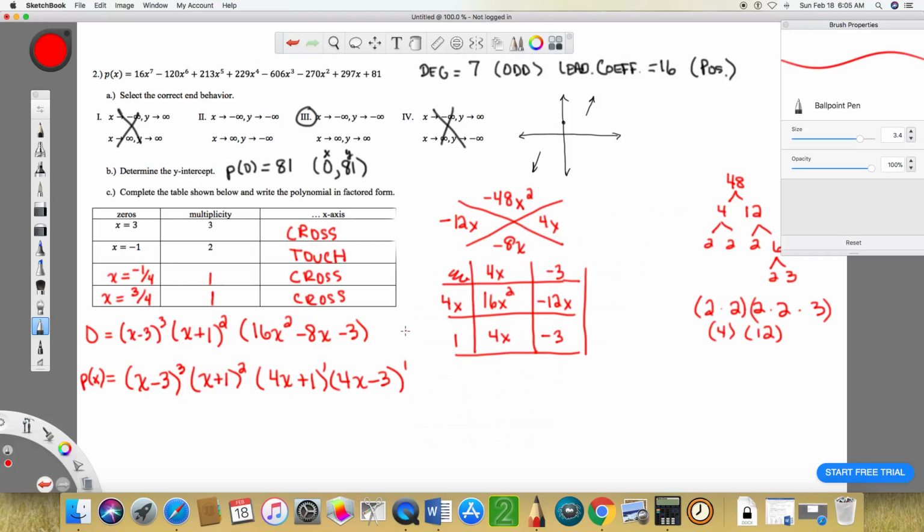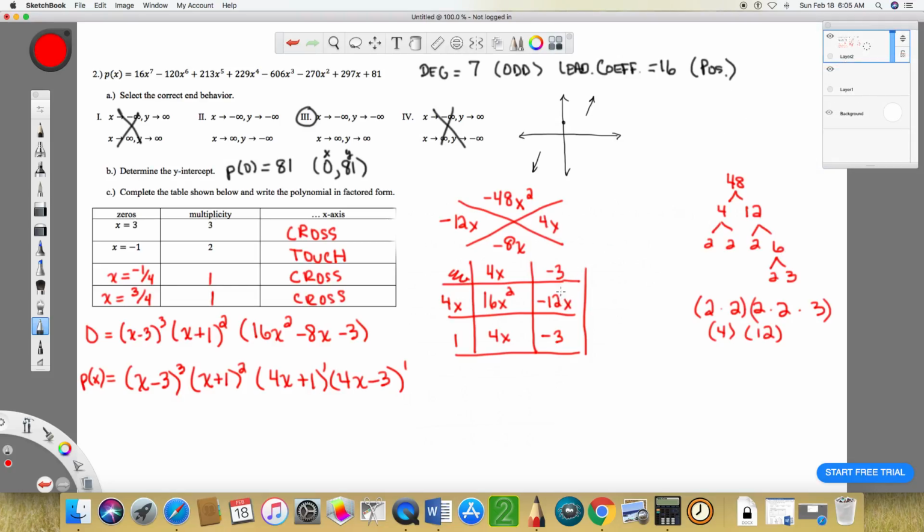All right, so now on the original paper there, they have a multiple choice for us to identify the graph. So let's come back up here to our end behavior and then use this table to make a sketch to kind of know what to expect.